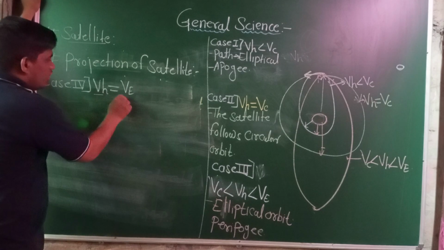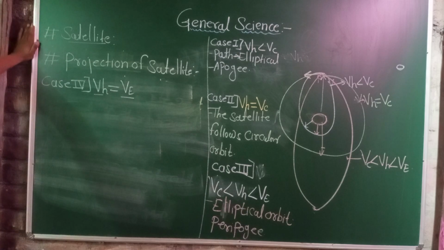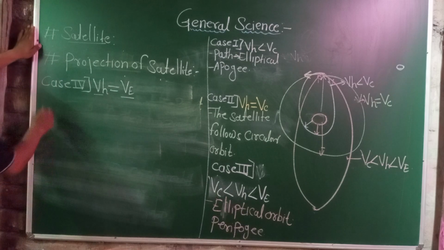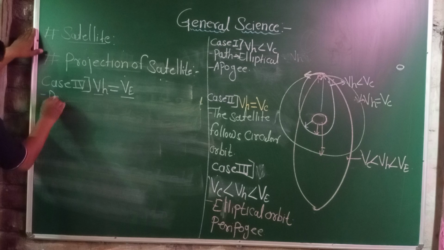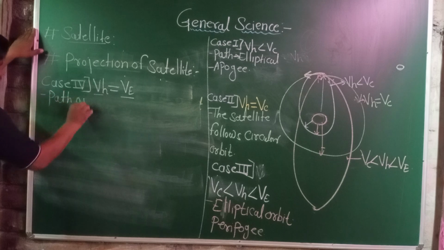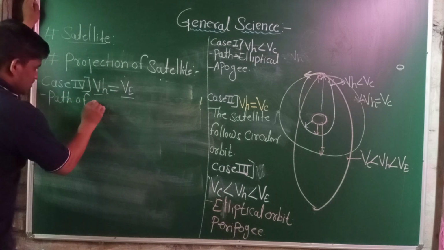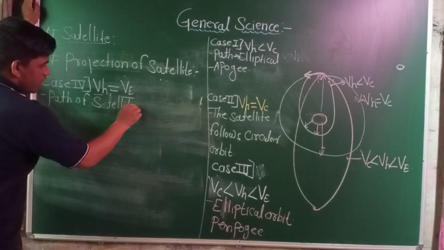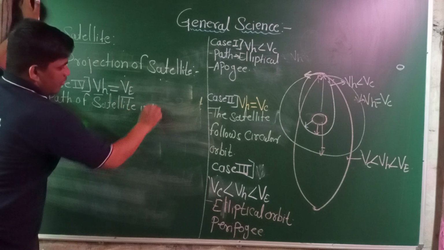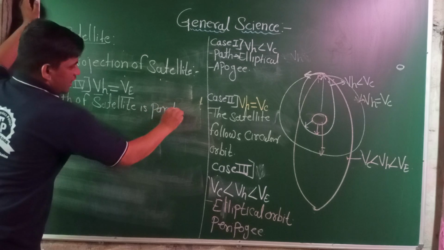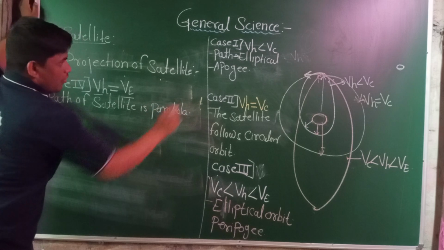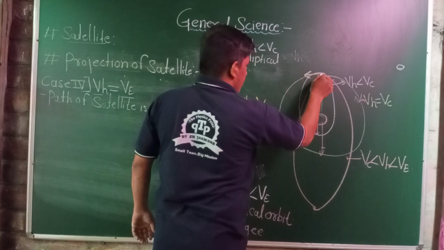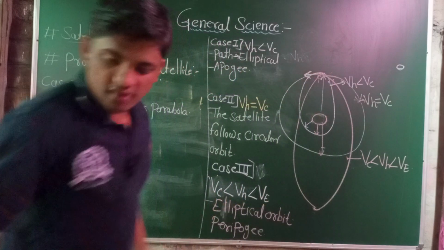Then when the horizontal velocity is equal to the escape velocity, the path of the satellite is a parabola. The path of the satellite is a parabola. This is the parabolic path. We use a different color.